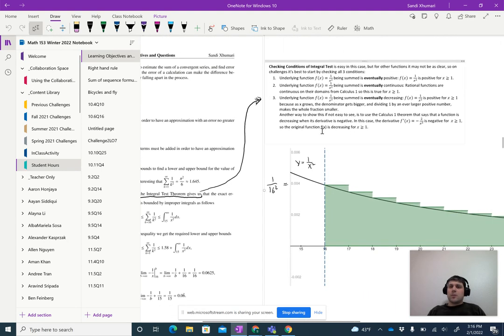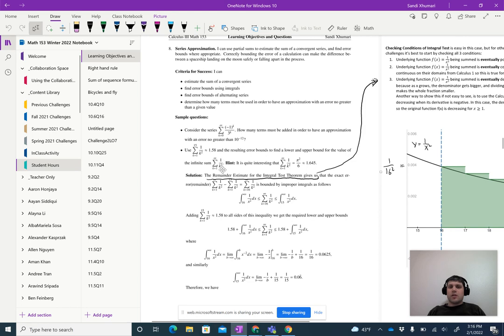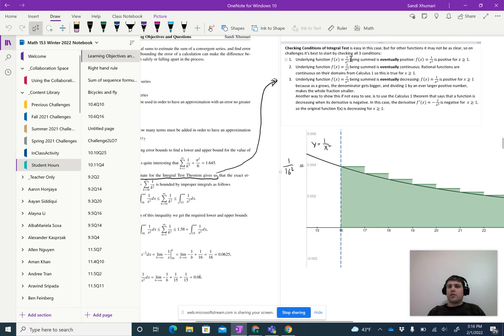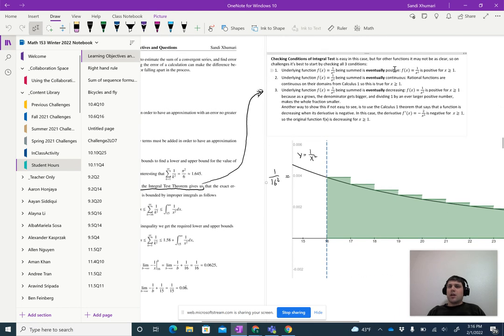First, you want to make sure that it's eventually positive. The terms of our series are 1 over k squared, so the underlying function is 1 over x squared. And this is definitely positive for x greater than or equal to 1. So eventually positive checks.